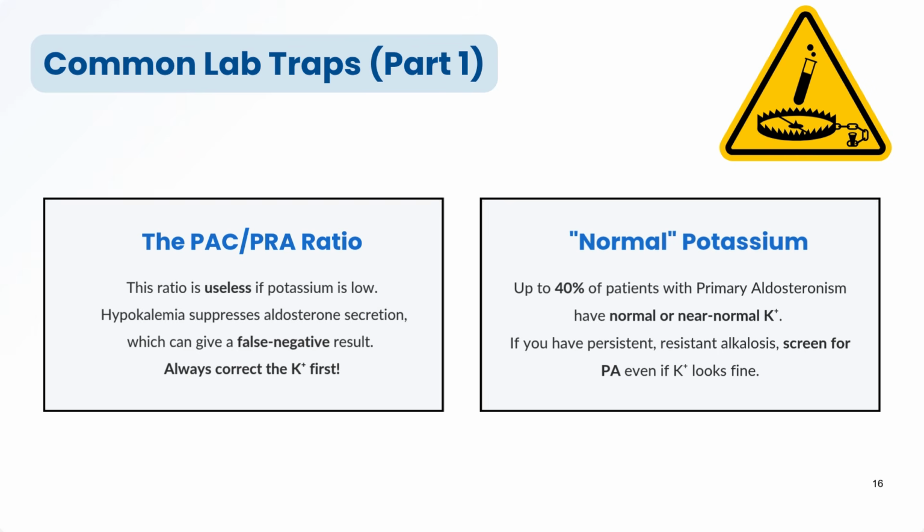If the patient has persistent metabolic alkalosis, you must still screen for primary aldosteronism even if the potassium looks perfectly fine. These two traps are responsible for a huge number of missed or delayed diagnoses. Once you understand them, your interpretation of renin-aldosterone and the clinical picture becomes much more accurate and far more meaningful in real practice.